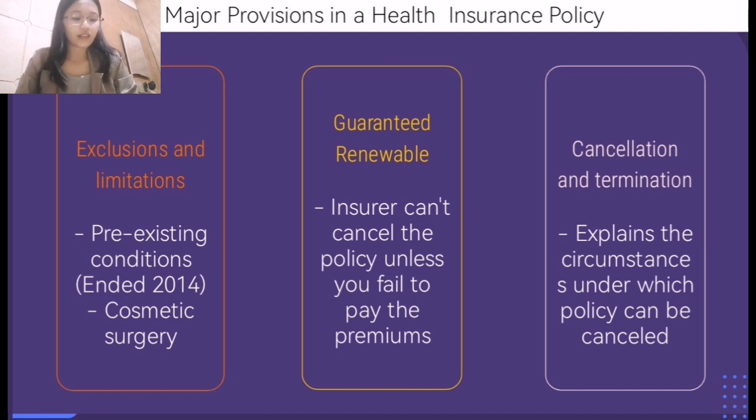And next one is the guaranteed renewable. Indicates na yung insurer can cancel yung policy or the coverage they provide unless the insured failed or do not pay the premiums. And kasi one of the rules sa health insurance, if you pay premiums, then you get the service.